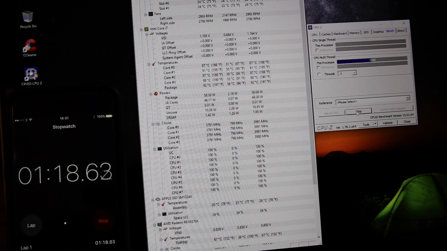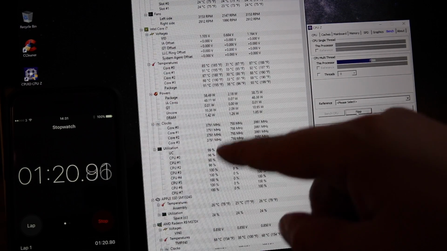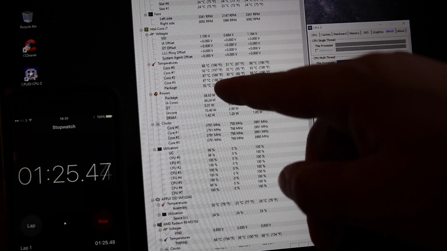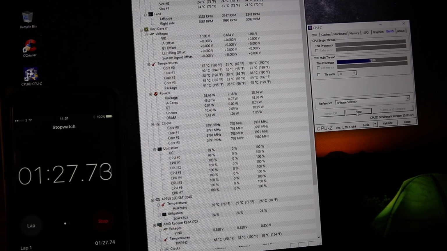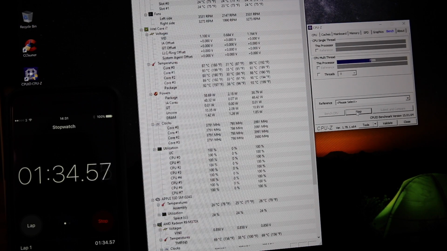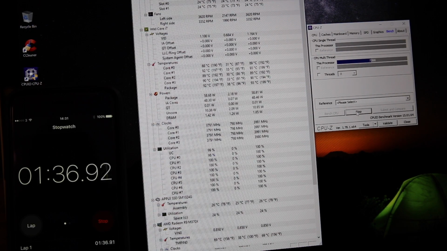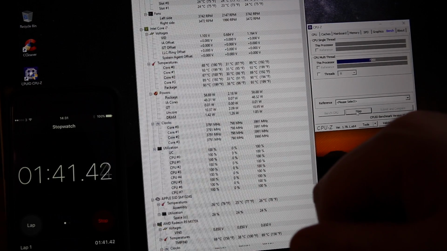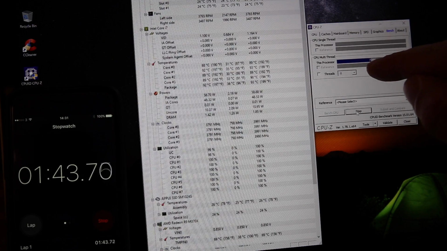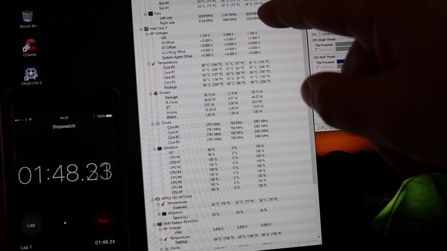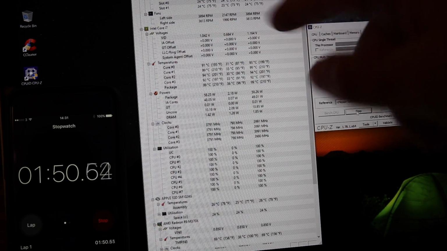Still 100%. The temperature is rising, 90 degrees. Let's check when he will lower the clock. The clock is the same, 3791 megahertz. The processing power is the same, 7,200, around that. Now the fans start spinning fast.